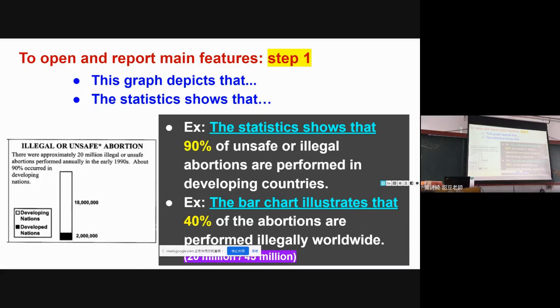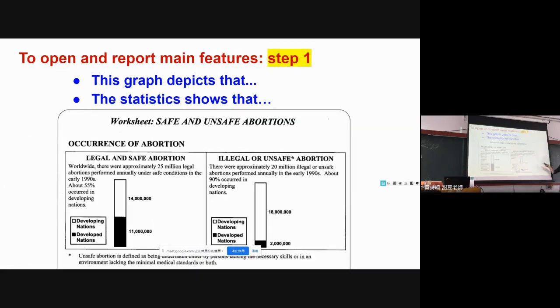Or there are some people who are smart enough to combine the two numbers together. On the top, the safe one is 25 million, while the unsafe one is 20 million. So altogether, that is 45 million. And among the 45 million, the illegal ones are already 20 million.